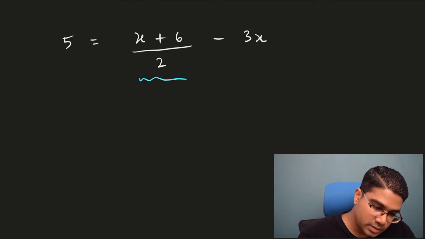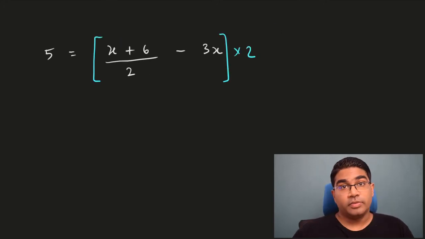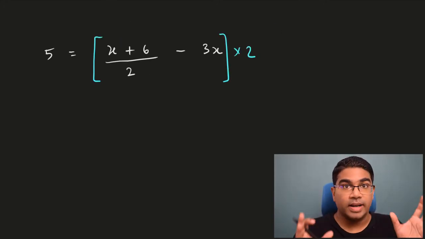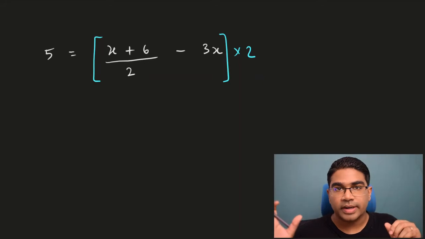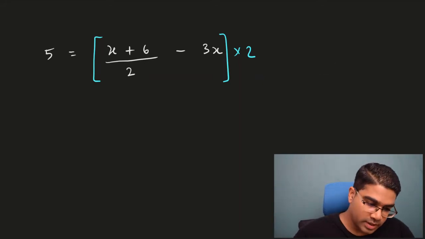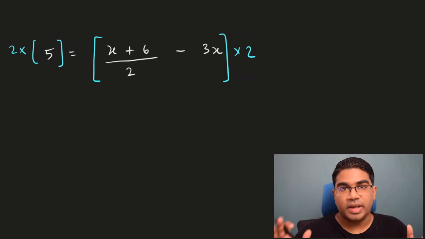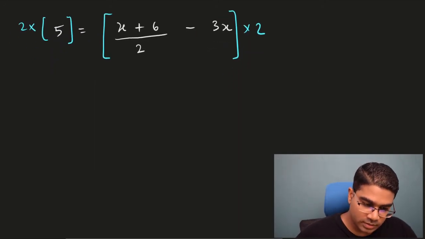So that means we must multiply this whole thing by 2. You need to remember this is an equation, balance. Whatever operation you perform on the right hand side, you must perform on the left hand side as well. So that means we must multiply 5 by 2 also. Now it is balanced.